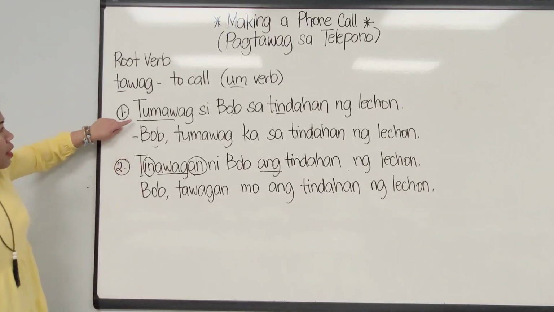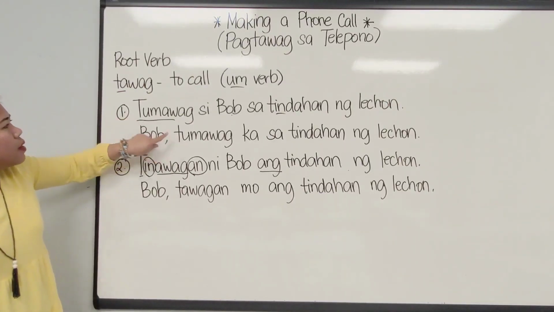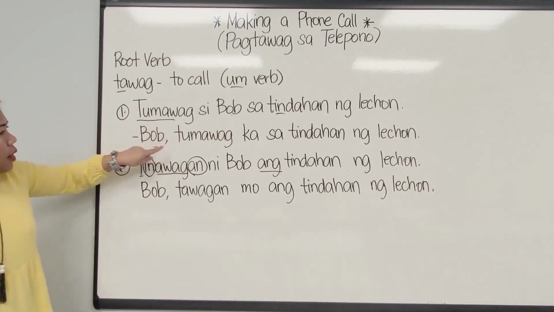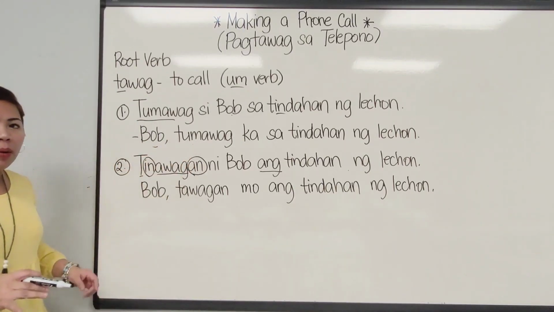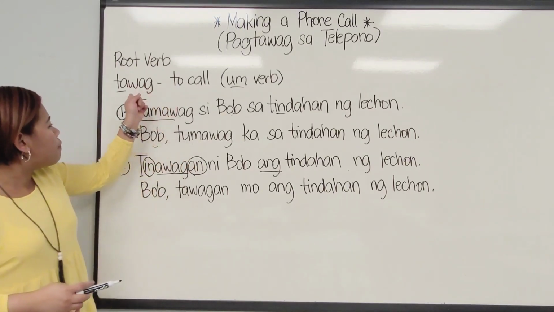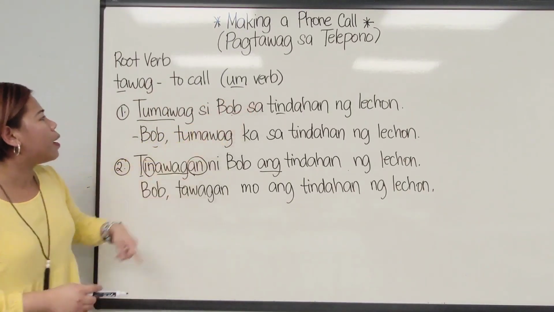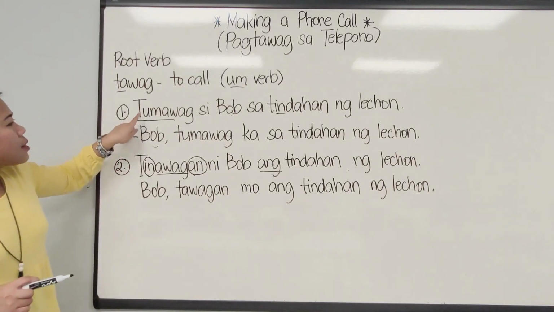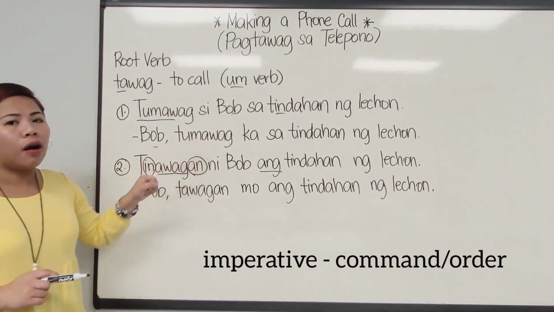So it says, Bob, tumawag ka sa tindahan ng lechon. If you notice, the format of the verbs here is the same in sentence 1 and in the second sentence. Tumawag, and this one is also tumawag. So in a verb that belongs to the um group, the past tense of the verb has the same format as the imperative form of the verb.